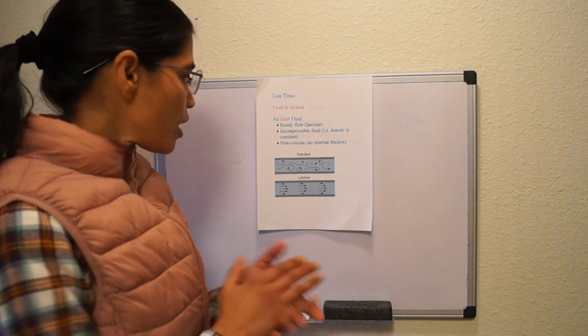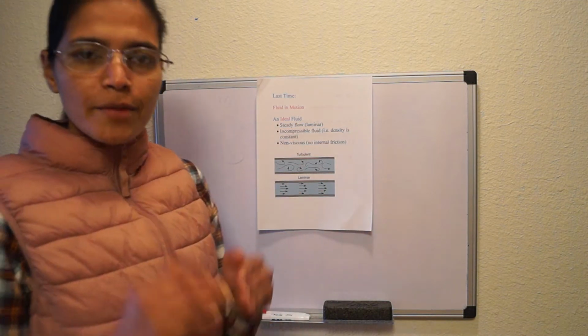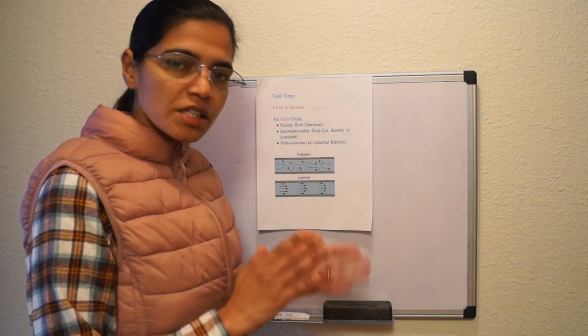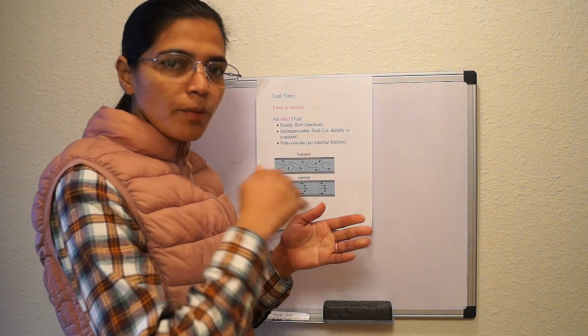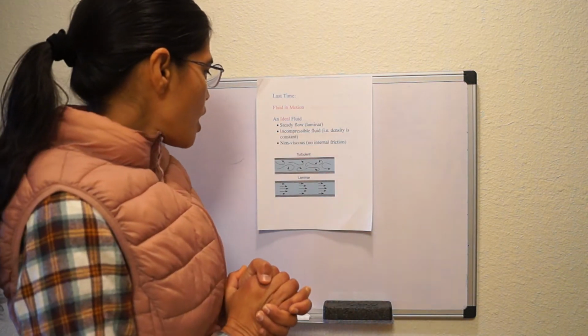Remember, guys? So for an ideal fluid, steady flow or laminar flow, meaning the velocity of the fluid particle at any point along the streamline is constant, right?